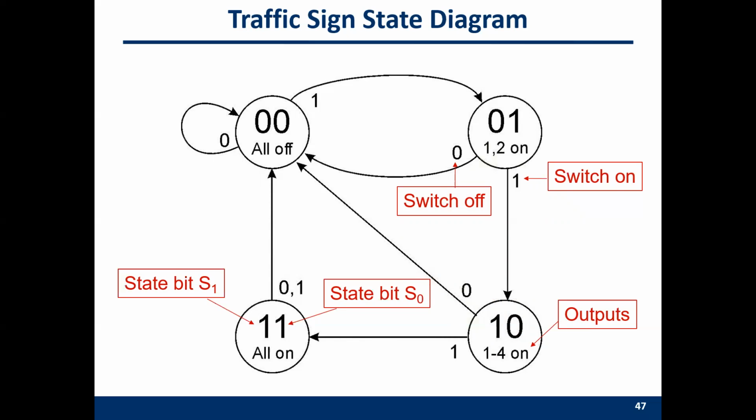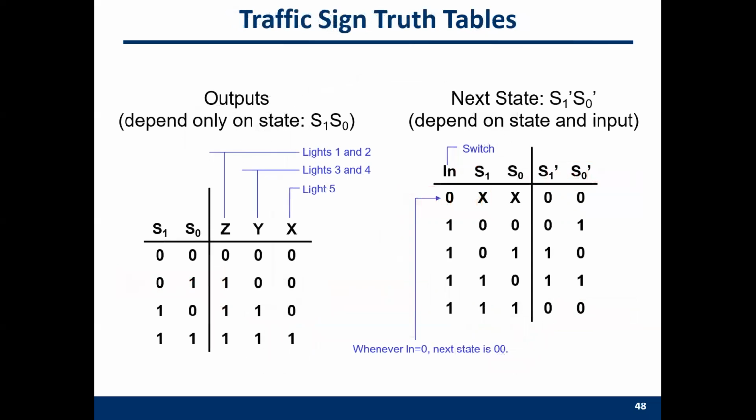And we have 4 states here. And we also have an input. The input is on and off. Again, you can generate a truth table to describe that finite state machine.